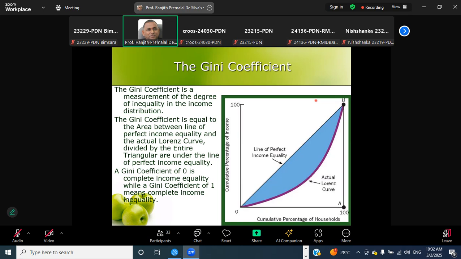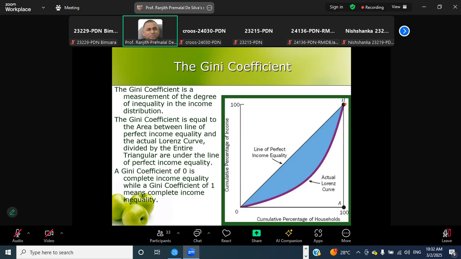Basically, it is the area under the Lorentz curve compared with the area of the triangle.